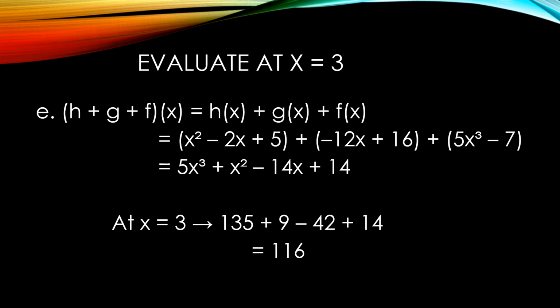Here we have h of x, yet we have g of x, yet we have f of x. We add all of them by grouping like terms to have a simplified expression as the function for h plus g plus f before substituting the object 3 into each particular term where we see x.